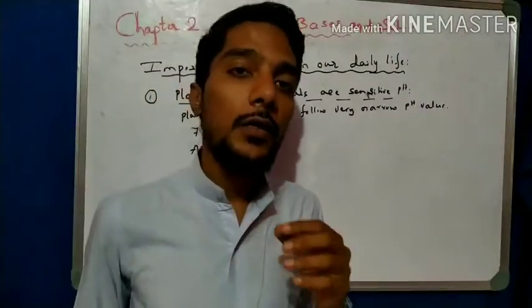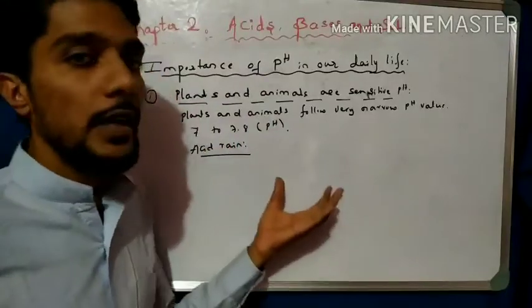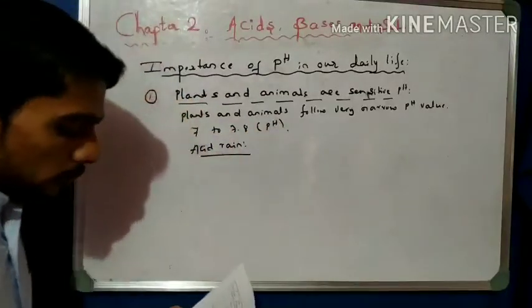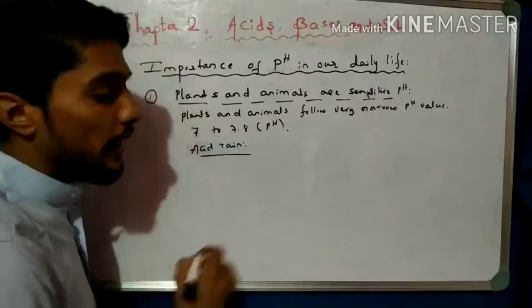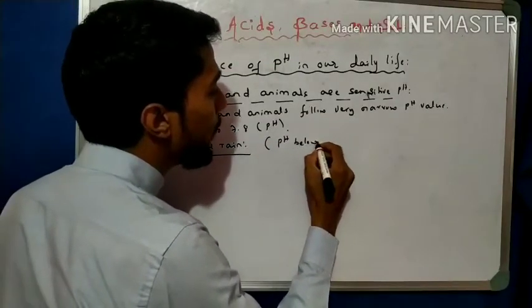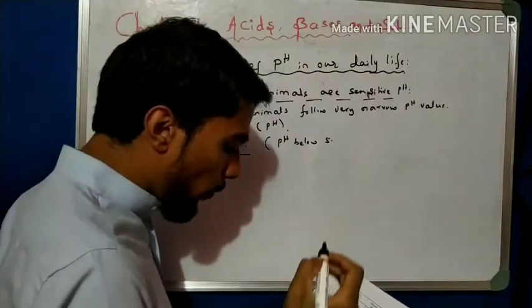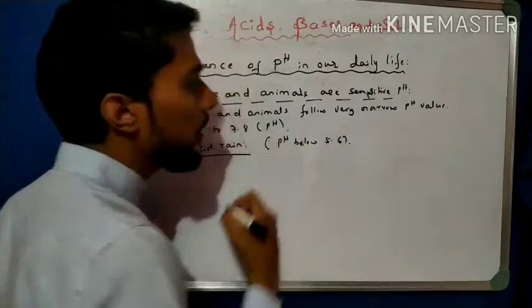But when we face acid rain, we observe that in the case of acid rain the water pH is below 7, that is, below 5.6, less than 5.6.